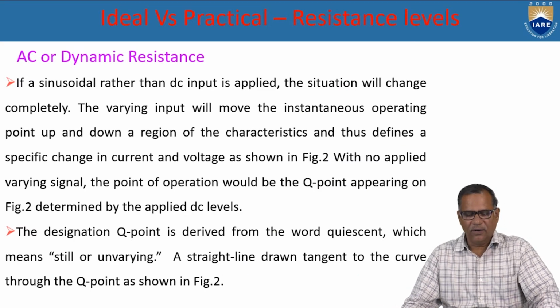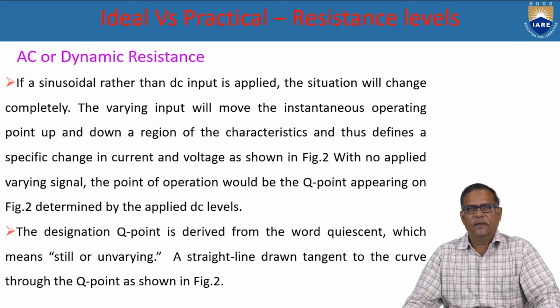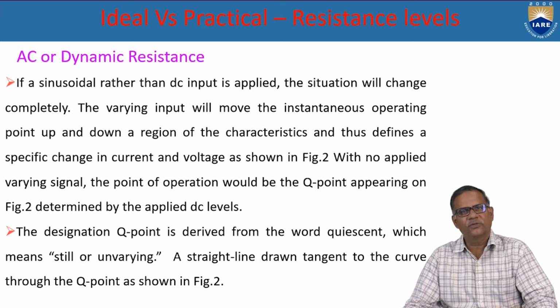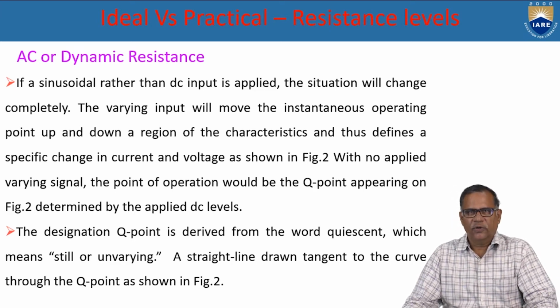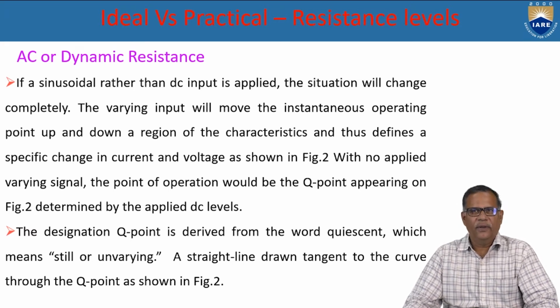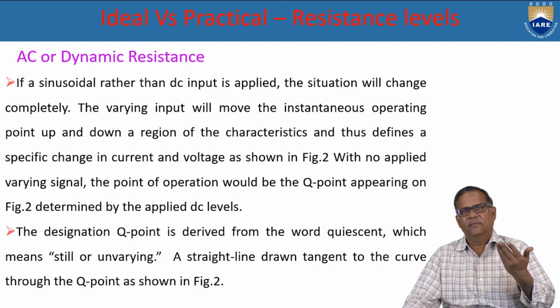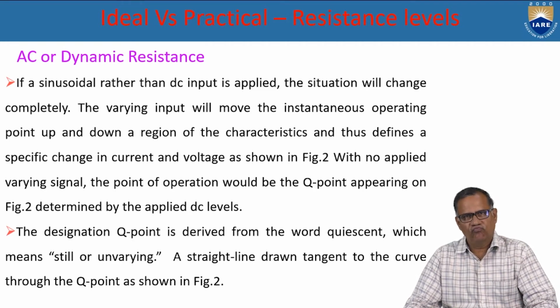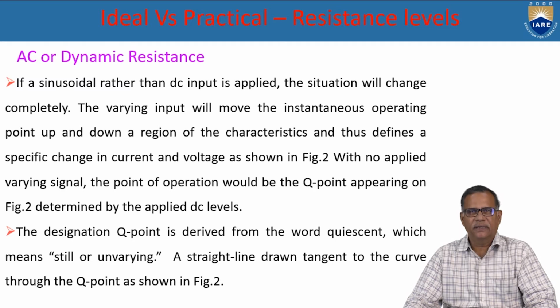Now coming to AC or dynamic resistance, if instead of DC voltage, AC voltage is applied to the diode, then we are going to have not a constant current, but the current also is going to vary. So if a sinusoidal rather than DC input is applied, we are going to have a varying current. So when the current and voltage vary, they result in varying resistance.